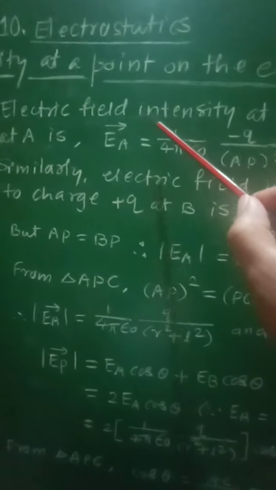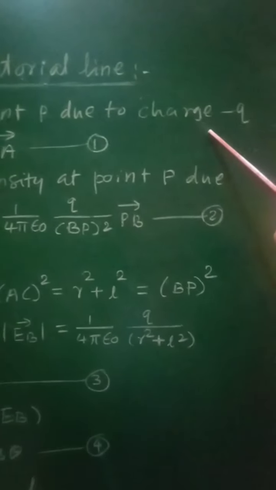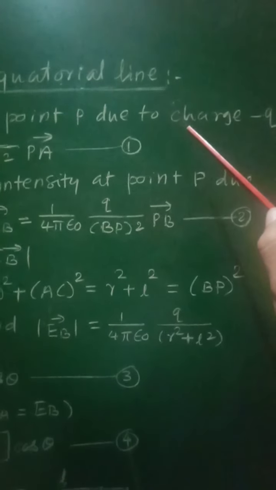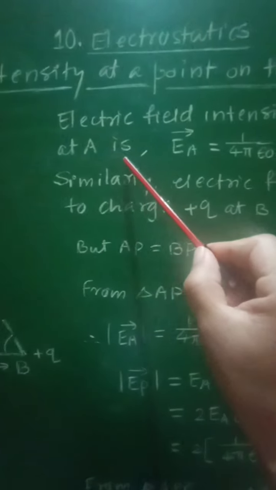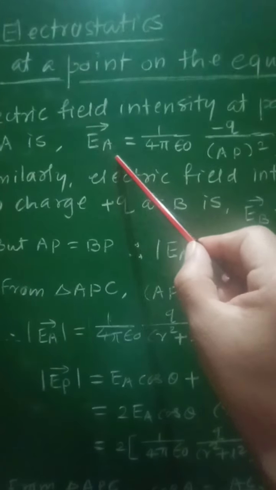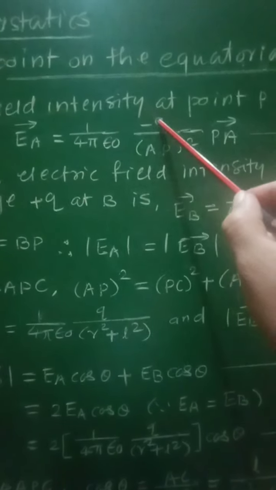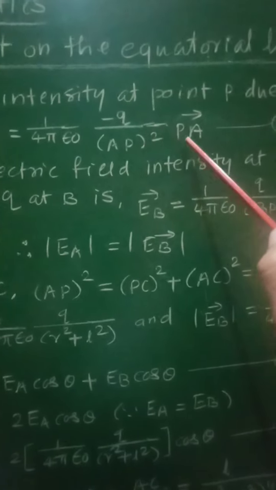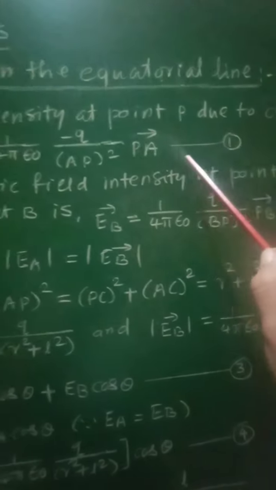Now the electric field intensity at point P due to charge minus Q, at point A, will be given as EA equals 1 upon 4 pi epsilon 0 into minus Q upon AP square into unit vector PA, as equation number 1.